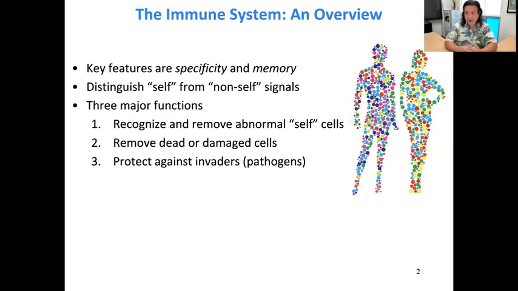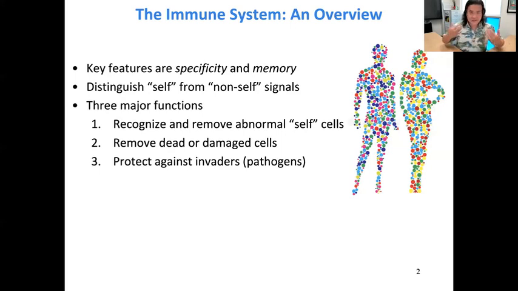As a whole, our immune system has three major functions. One is to constantly be maintaining the health of our tissues through recognizing and removing abnormal self cells. Secondarily, our tissue, as part of its janitorial or custodial activities, has to be able to remove dead or damaged cells, right?